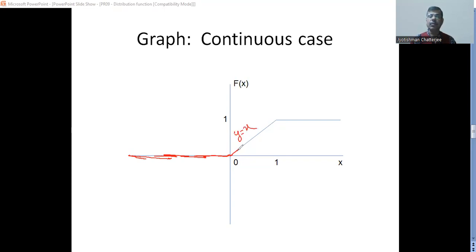See, this goes along the straight line y equals x, because capital F(x) value is the same as small x in that case. And as soon as it reaches 1, then the value of F(x) becomes 1 for x greater than or equal to 1. It remains 1 forever after that.